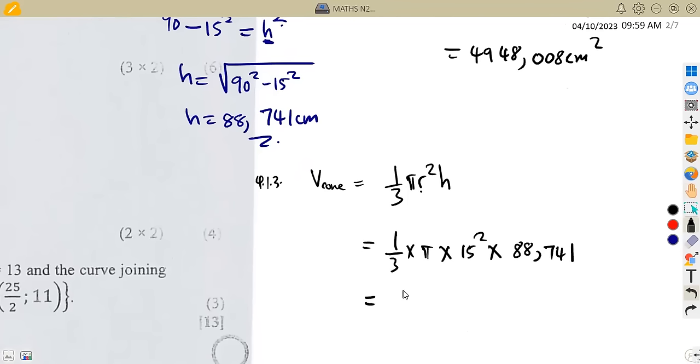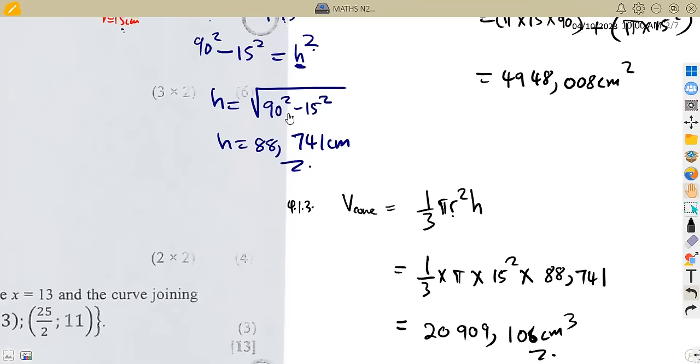So this is going to give us the volume of the cone.